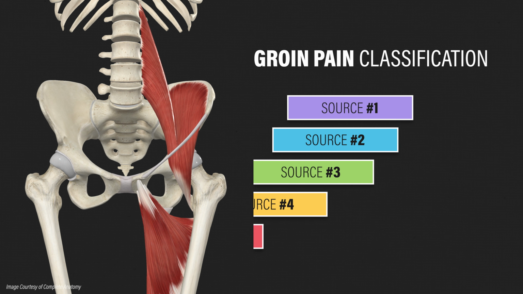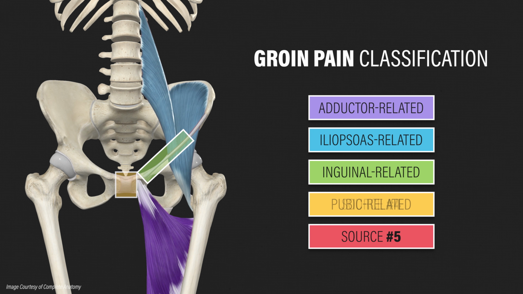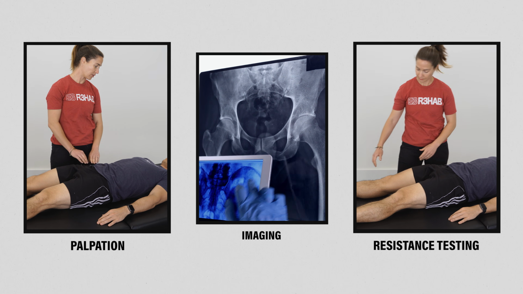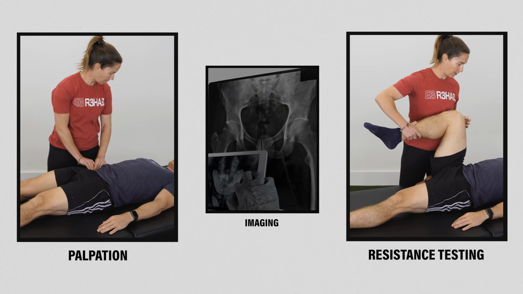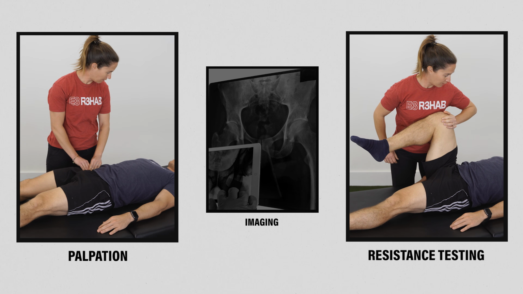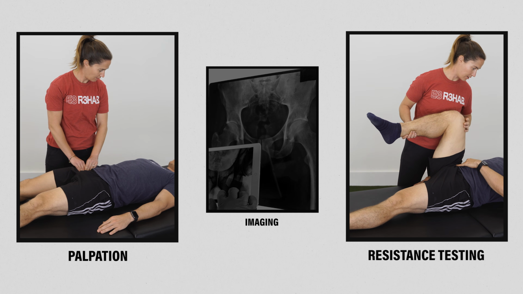In summary, there are 5 different potential causes of groin pain: adductor-related, iliopsoas-related, inguinal-related, pubic-related, and hip-related groin pain. Having a healthcare professional perform a full medical history and assessing those specific structures with palpation and resistance testing is just as good as or better than imaging for diagnosing groin pain.